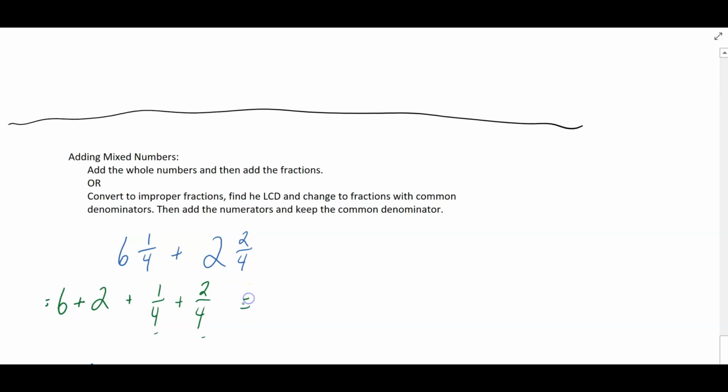Let's add the whole numbers. 6 plus 2 is 8, and for quarters, 1 plus 2 is 3/4. Now, if this 3 was to go greater than 4, that would increase my whole number by 1, or whatever number of times 4 is multiplied in there.